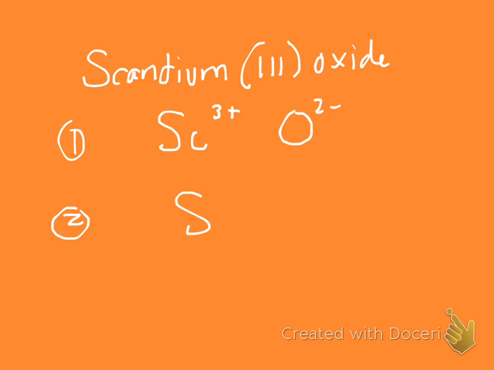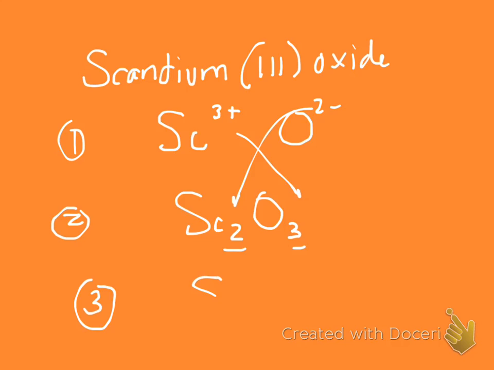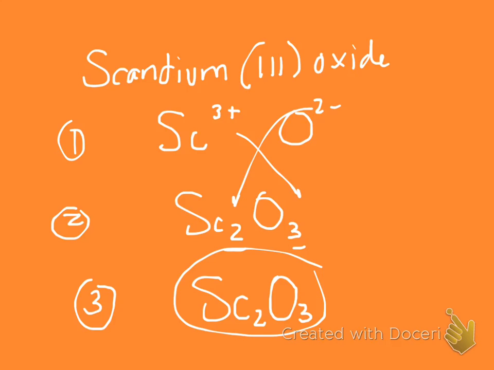For our second step, we'll want to do our crisscross. And for our third step, simplify if possible. Okay, Sc2O3. That would be scandium-3 oxide. Actually, I'm not sure how many other cations scandium makes, but okay. You want to do one more of these, and then we'll move on to flipping it on its head?